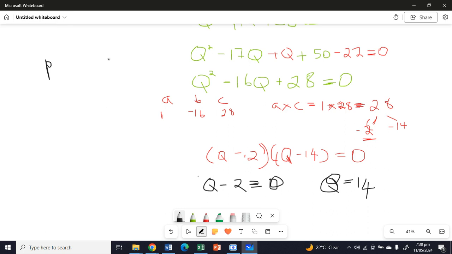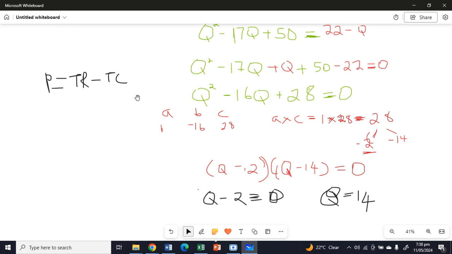The board is lagging behind; when I write, I have to wait for it to show. So what you're supposed to do, since you have found the quantity q equals 14, is substitute it into the total revenue function and the total cost function.